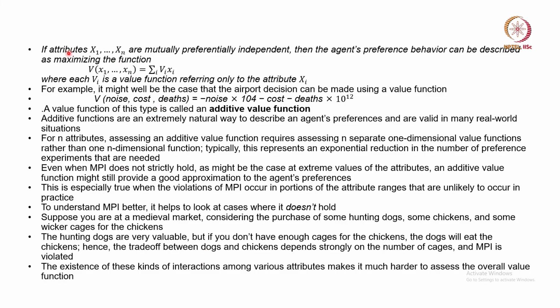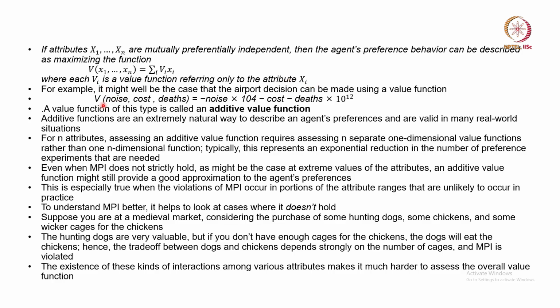Okay. So if you have the attributes x1 to xn which are MPI, or mutually preferentially independent, then the preference behavior can be described as maximizing a function. So this is a value function V, which will be sigma Vi of xi, where each Vi is a value function referring only to the attribute xi. Okay.